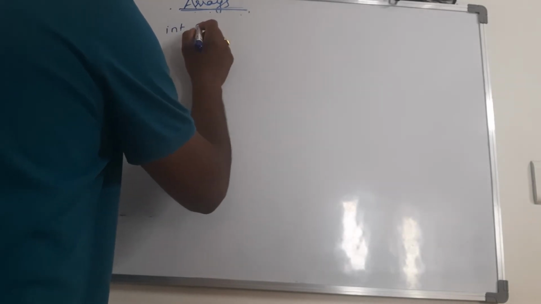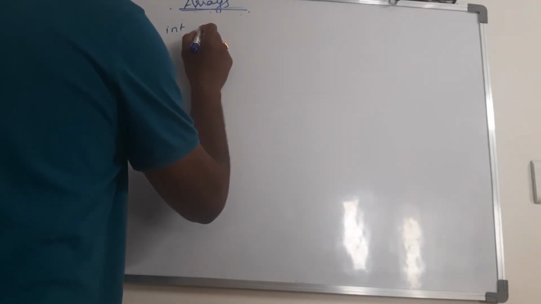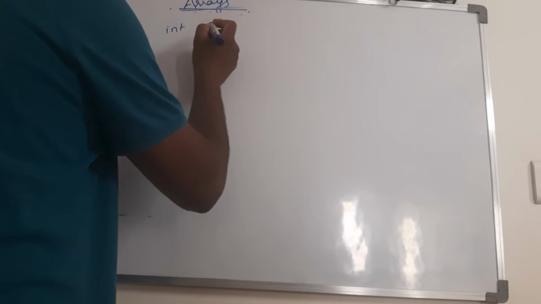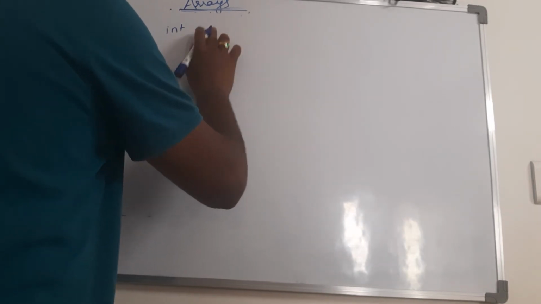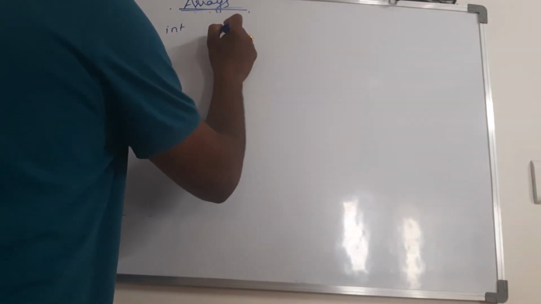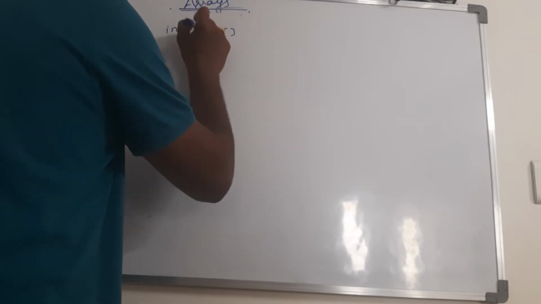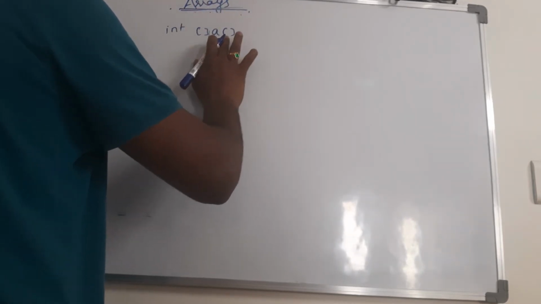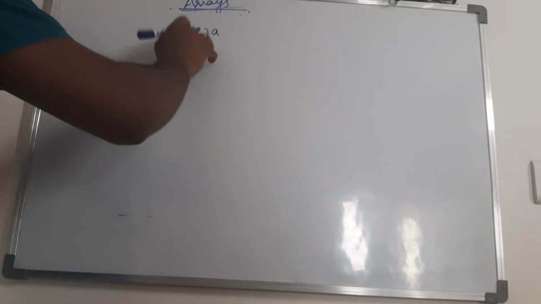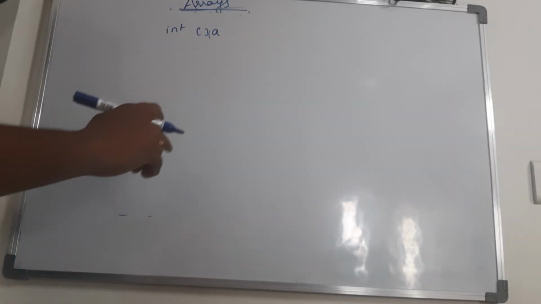So we can create an array by using a data type, int. We can have the brackets before or after the variable, anywhere, no issue.